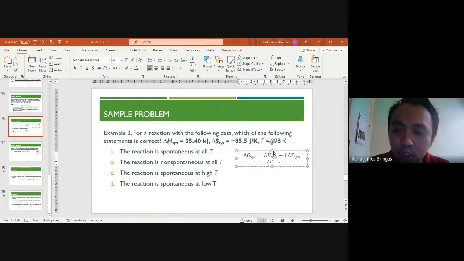So this is minus, let me highlight that in red.